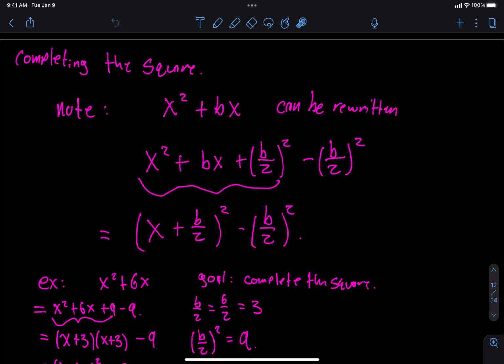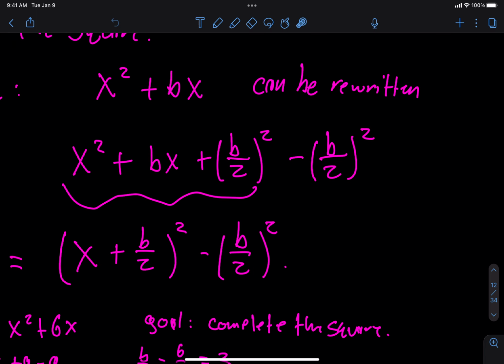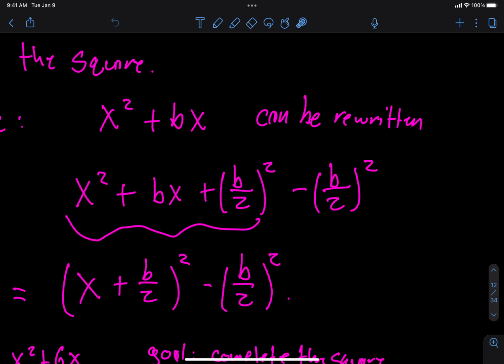So to do that, we introduce an additional term. We take that b number, whatever number goes with x, divide it by 2 and then square it. We take that number and we add it and subtract it. If I add and subtract, I haven't changed anything.